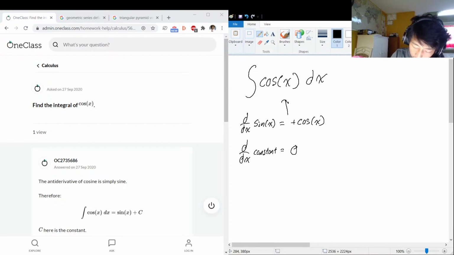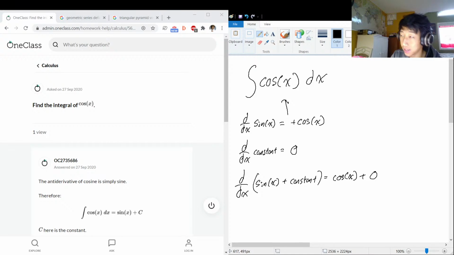So if we think about it, the d over dx of sine x plus constant is equal to cos x plus 0, which is just equal to cos x.